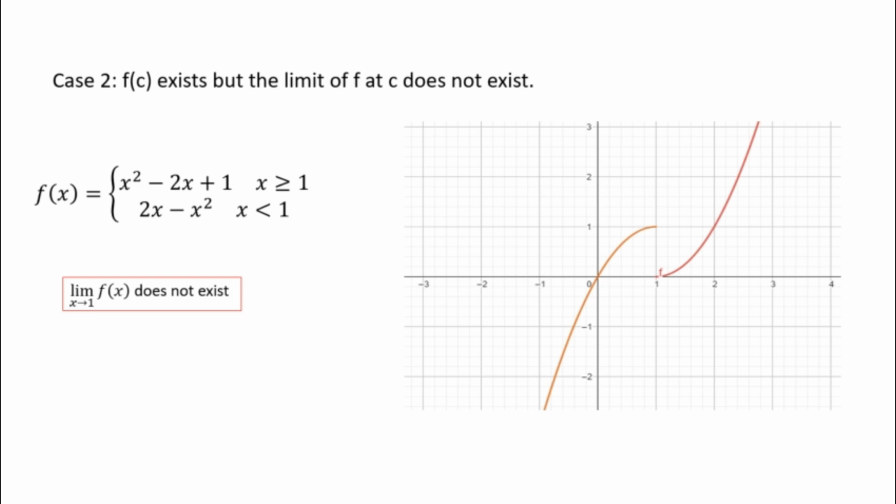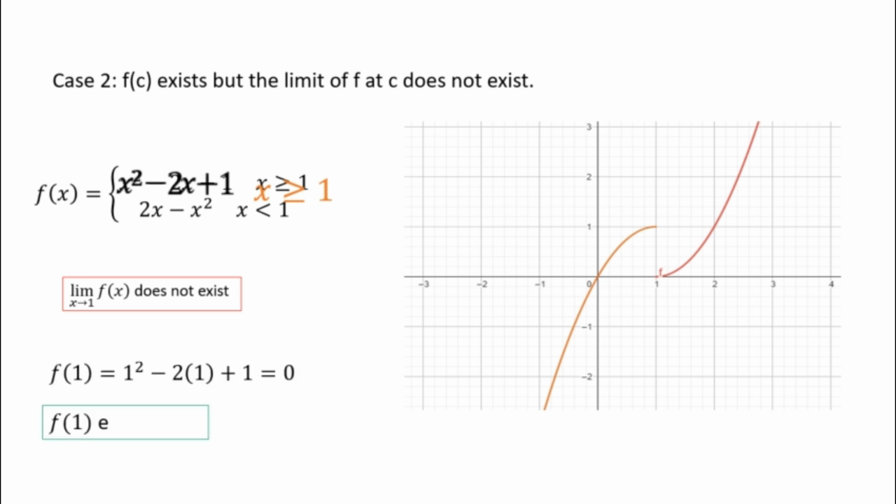Look at this. If you evaluate this function at 1, on the other hand, since 1 belongs to the upper subdomain, we evaluate it at x squared minus 2x plus 1. Hence, f of 1 exists.